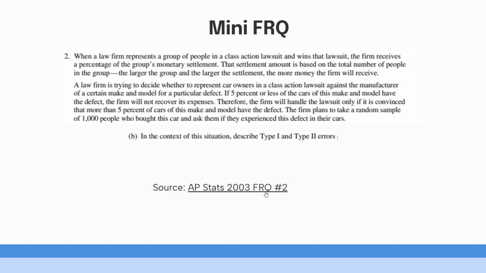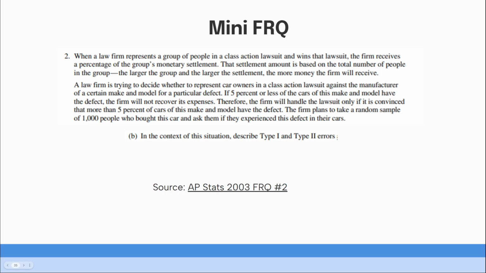Let me quickly go over the scoring guidelines because this looks a little confusing. Just want to double check stuff. Go to question 2, 2003.